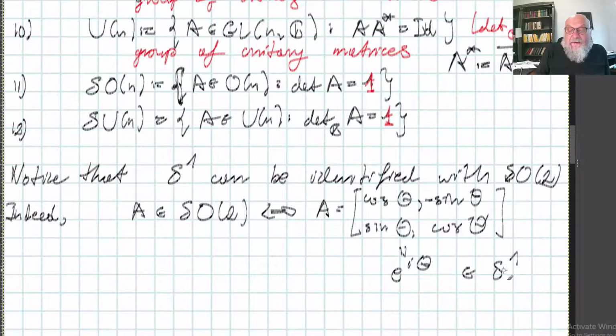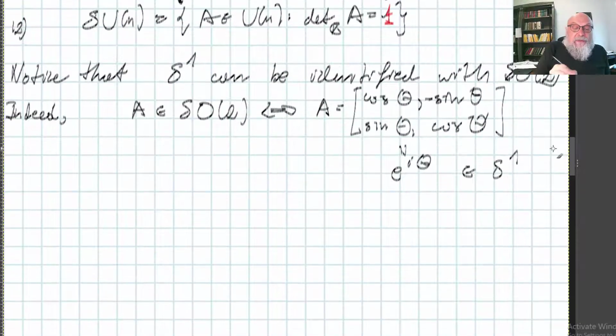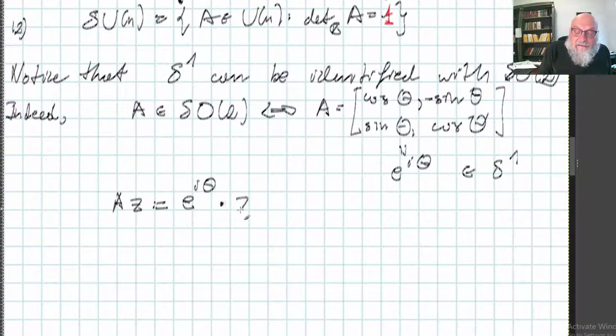So in such a way, we have a nice identification of 2 by 2 matrices with the rotations, from SO2 with the rotations of the complex plane, because this rotation simply means that the map A acts on the complex number z and, by definition, is equal to the product e^{i theta} times z, the complex multiplication.